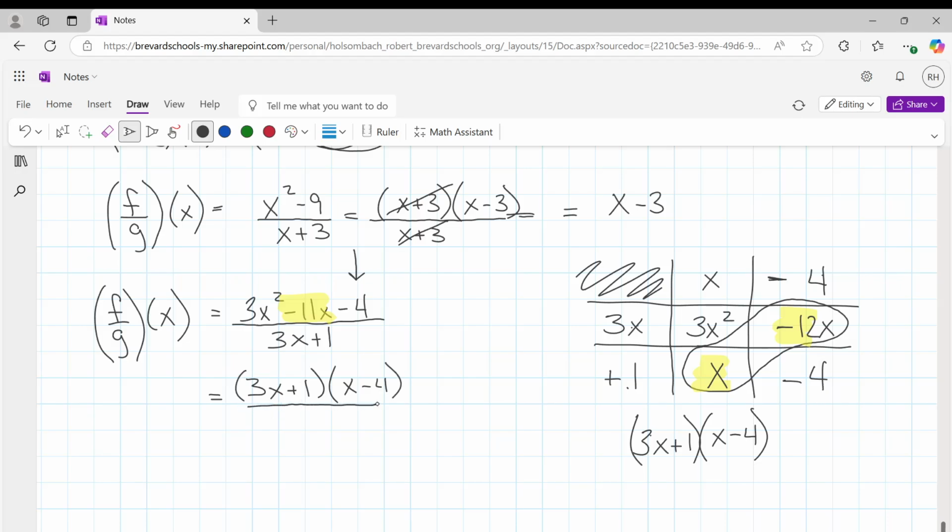And in the denominator, we still have the 3x plus 1. So these 3x plus 1's cancel, and we're just left with x minus 4.